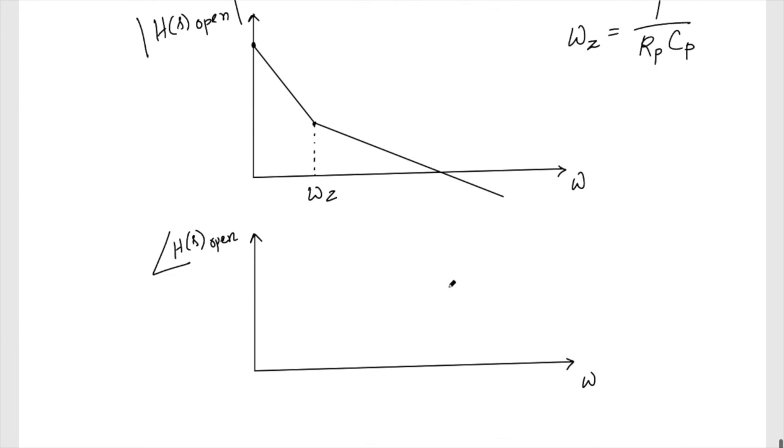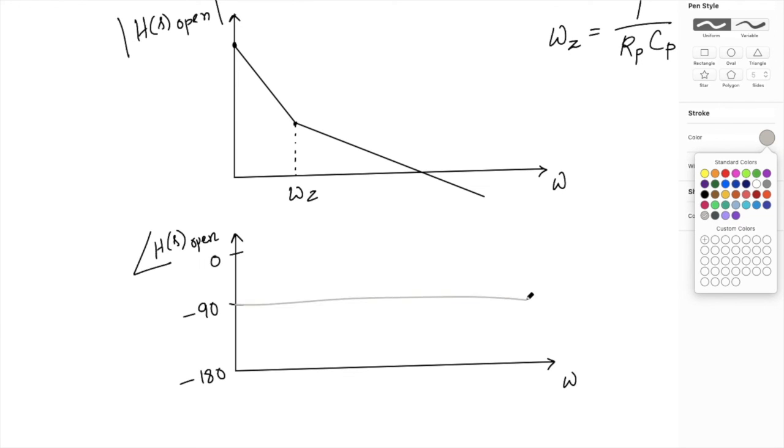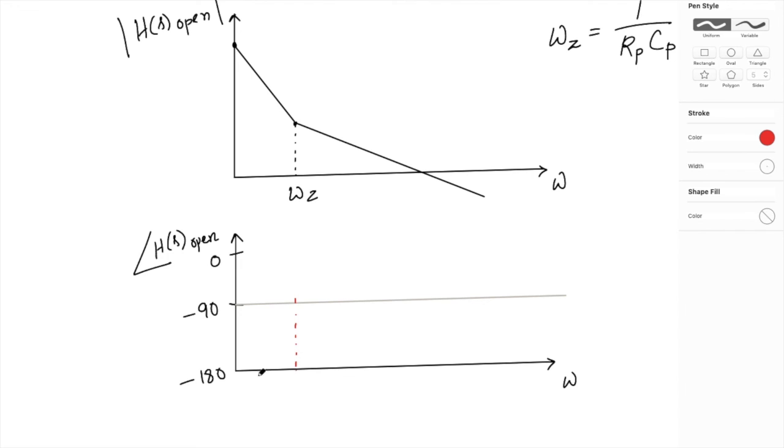Okay, and for the phase, it starts at minus 180, and if I call this 0 and this minus 90, at this point we know that there will be a phase shift of 45 degrees, so there will be minus 135, and eventually it is going to become something like this.